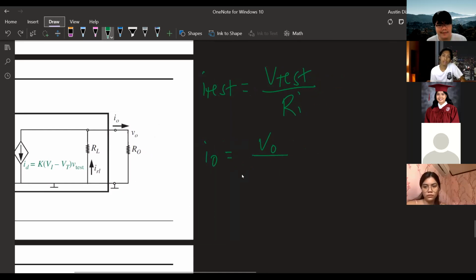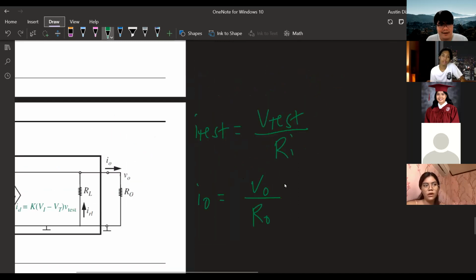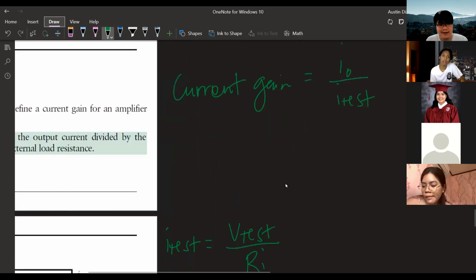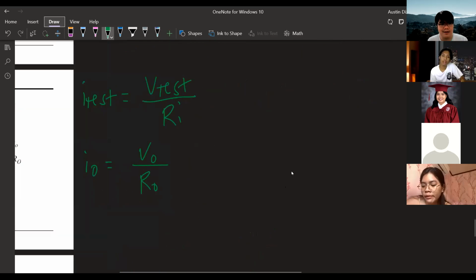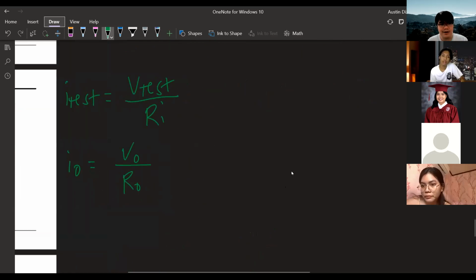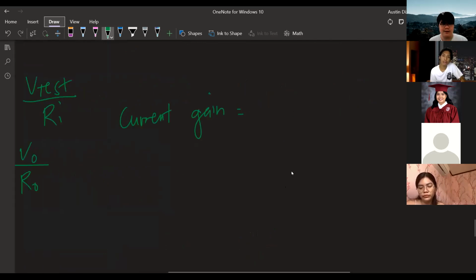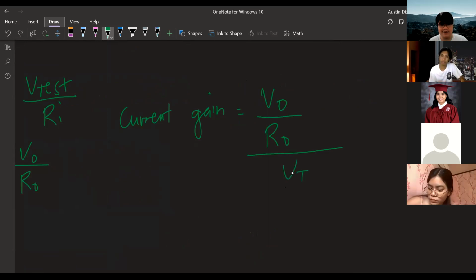Tama. Double checking lang. So with that, the current gain is VO over RO tapos divided by V test over Ri.